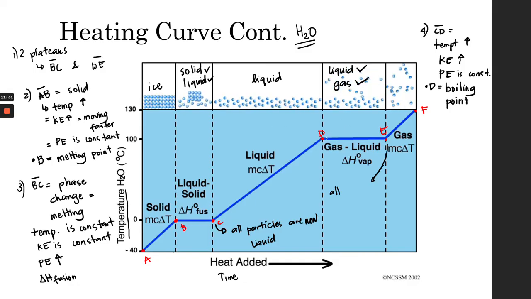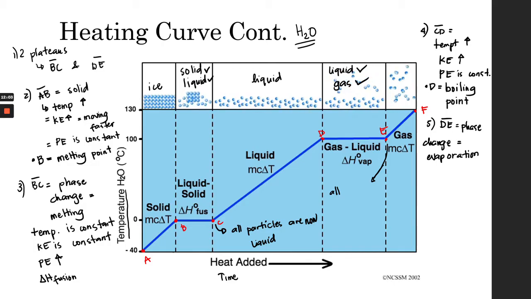Okay, so when the substance reaches the boiling point, it enters the section DE, wherein phase change occurs again. The phase change happening here is what we call evaporation. And both gas and liquid particles are present at this point.